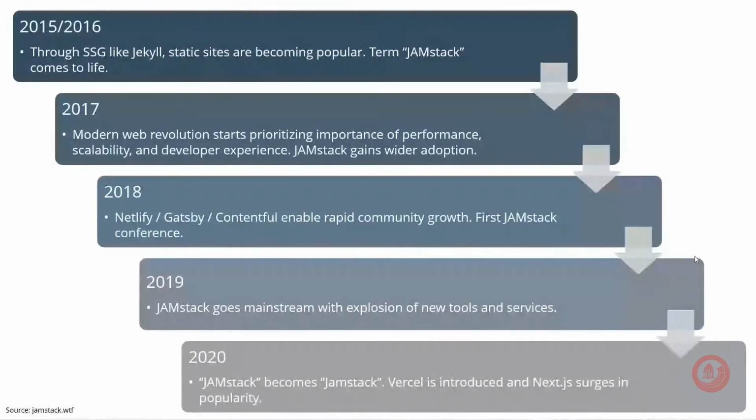2019 continues to go really mainstream. A lot of new tools, a lot of new services. 2020, this one I always think is just interesting. Jamstack with a capital J, A, and M actually shifts to go lowercase, to just JAM all lowercase. And Vercel is introduced along with Next.js, some very popular tools today.